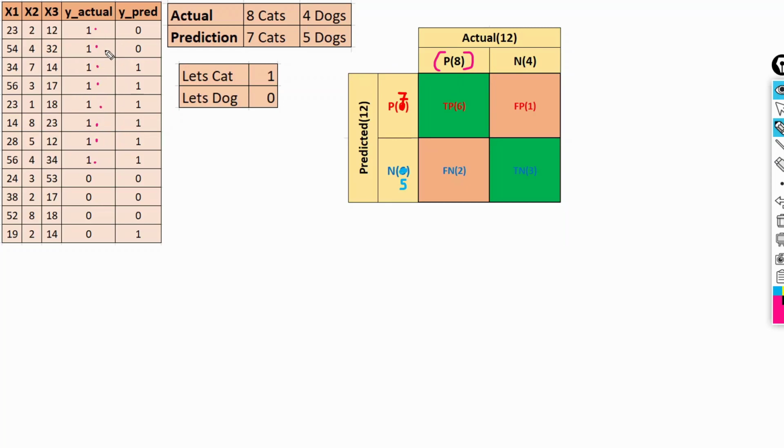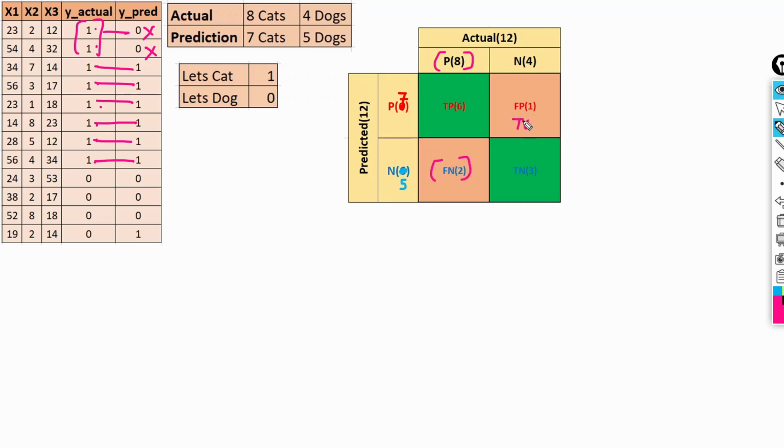How many positive values are incorrectly classified? If you see here, correct, correct, correct, this is also correct, this is also correct, this is also correct. Only these 2 cases are pending. If you see here, this is incorrectly classified, this is incorrectly classified, right? So there are only 2 cases in the actual value that are positive but incorrectly classified. If you see here, that's why false negative is 2.